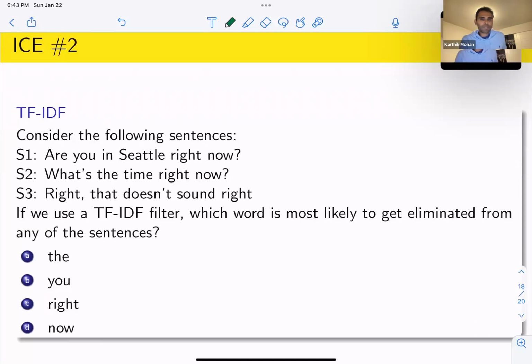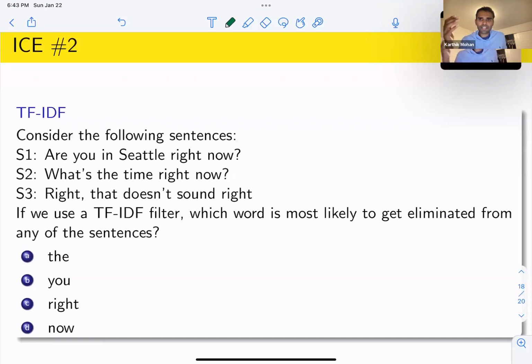So Tf-Idf can be used as a filter. You can use it to filter out words that have a low Tf-Idf score, so it's not so important for the prediction, so just filter it out. You can have a threshold, and you can filter it out based on that. So this question is pertaining to that. So maybe take a minute. What I would suggest is look for words that show up across different sentences more than once, and calculate their Tf-Idf.